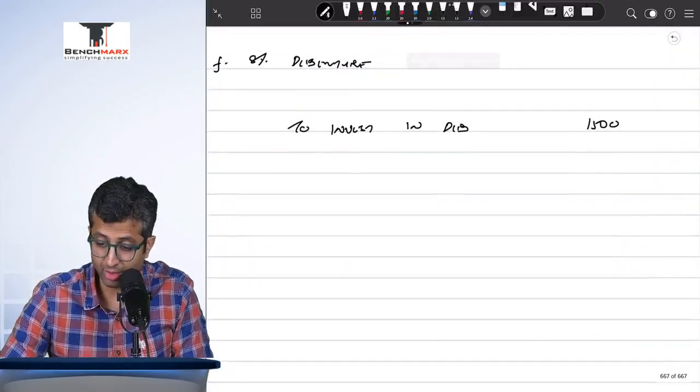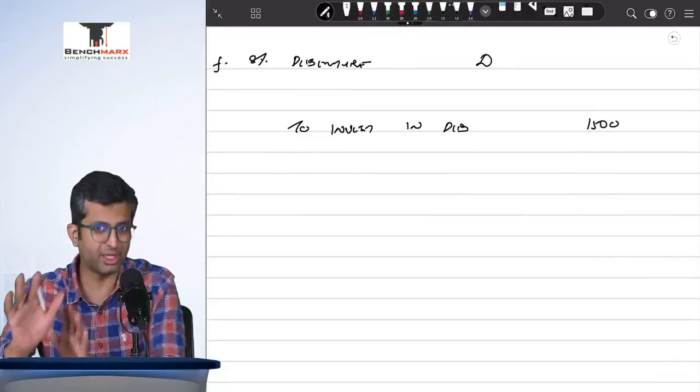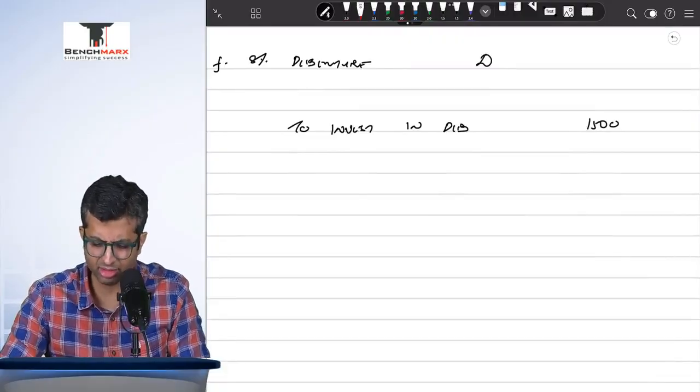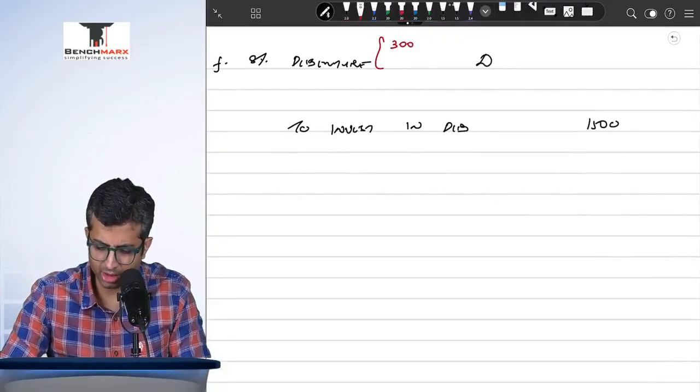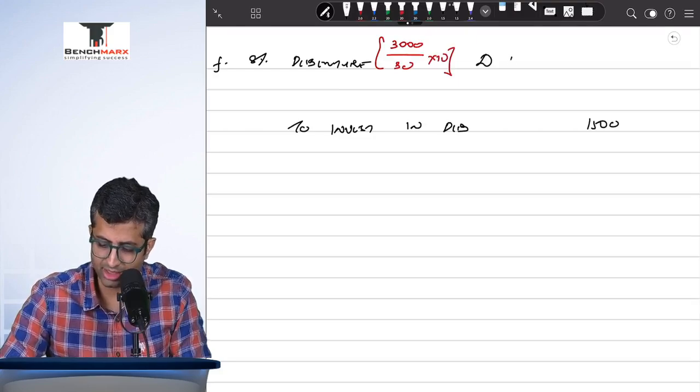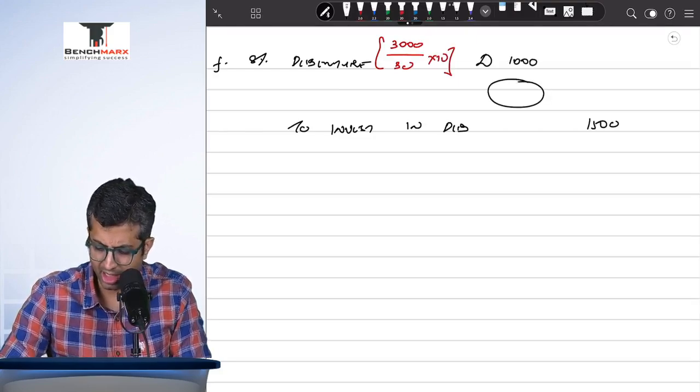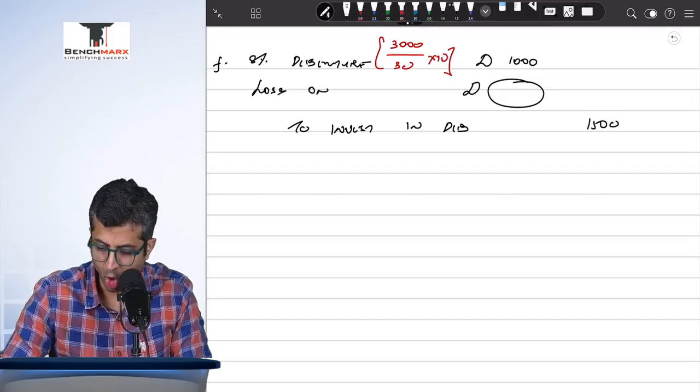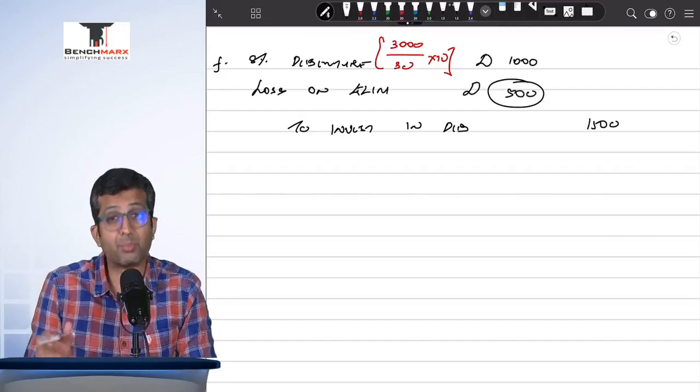But debentures will be eliminated to the extent of the face value, which is 1000. And hence the balancing figure over here will be the loss on elimination of debentures. This is 500.